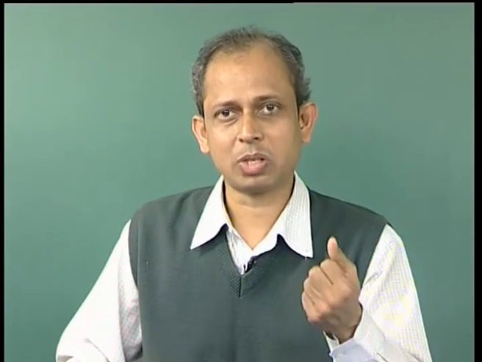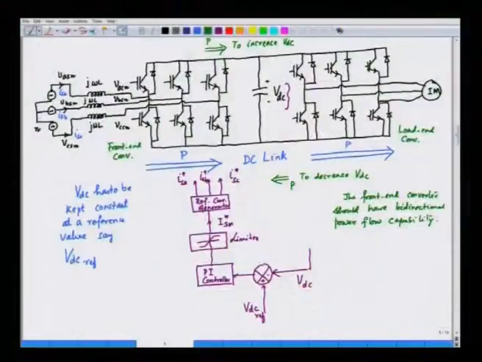Now, similarly, to discharge the capacitor so as to bring down the voltage, the front end converter should supply the demand of the induction motor plus the power which has to be drained from the capacitor, and hence the power flow through the front end converter has to be bidirectional. So, this is the front end converter, this flow has to be bidirectional.